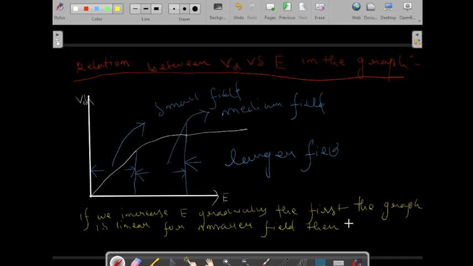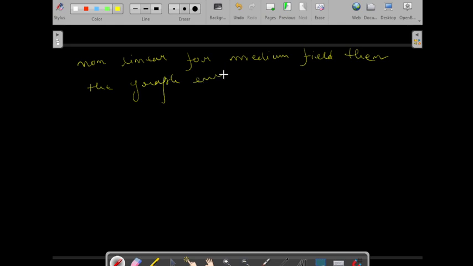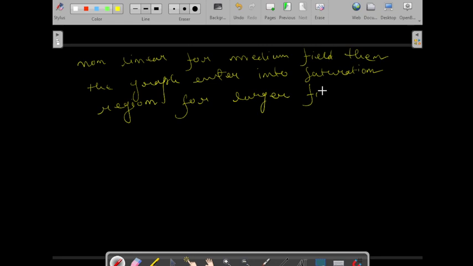Then it is non-linear for medium field. Then the graph enters into the saturation region for larger field.